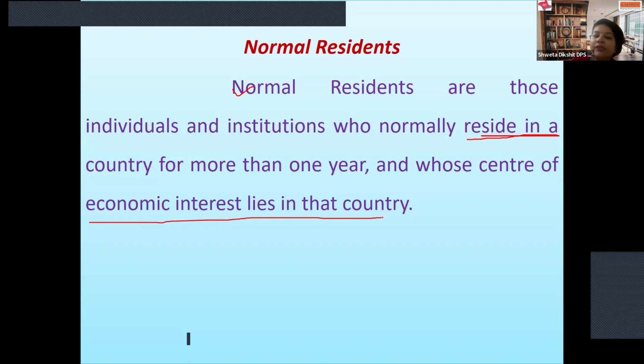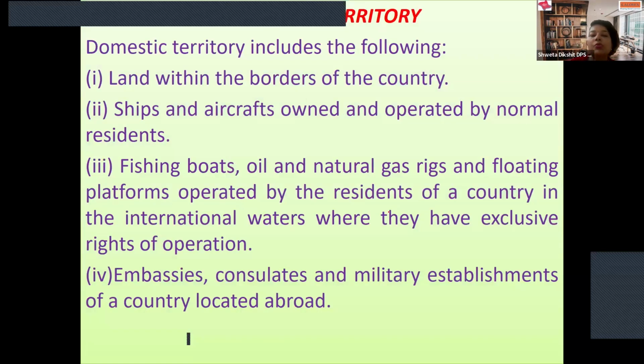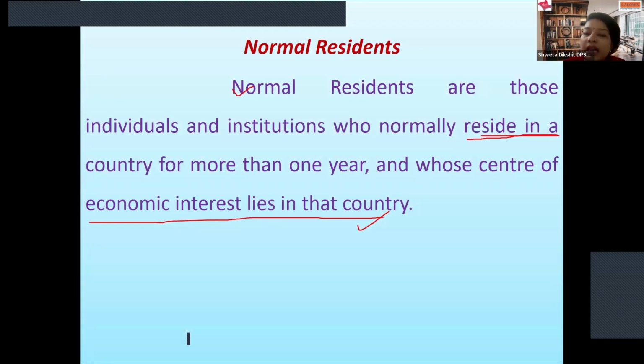If you write these two keywords, the examiner will understand that you know the meaning. I repeat, the normal residents are those individuals whose economic interest lies in that particular country and they have been living there for more than 1 year. Whereas the non-residents are those people who do not live in that particular place for more than 1 year and their economic interest never lies in that particular country.